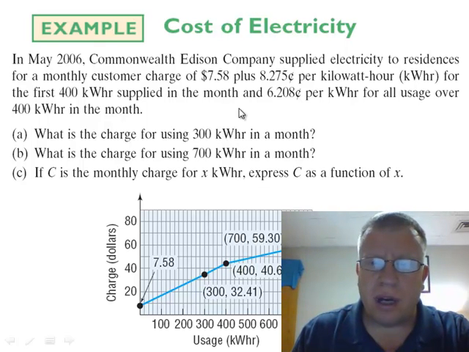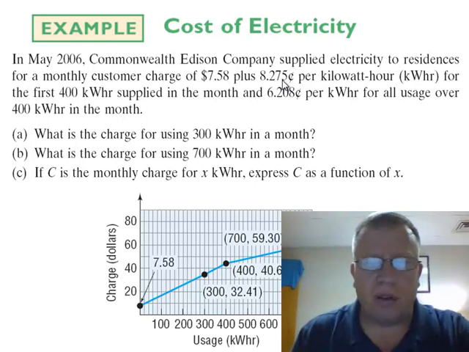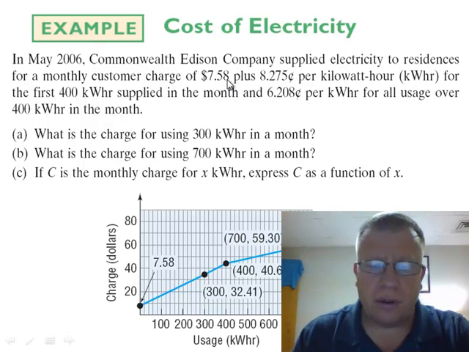So whatever 300 times 8.275 is, move the decimal place over to make it into dollars, and then add $7.58. That's going to be your charge in dollars. So that works out to be $32.41, how much you'd pay for using 300 kilowatt hours.